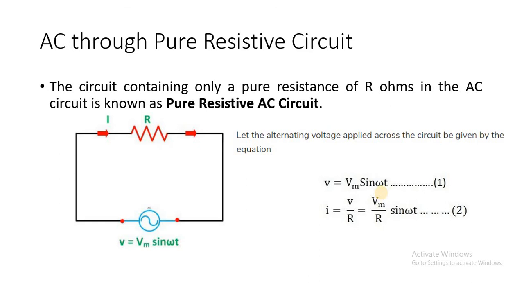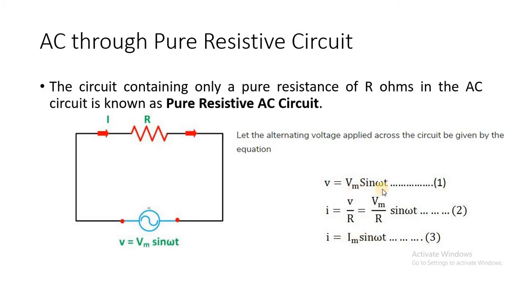So the voltage Vm value is the amplitude or the maximum value of the voltage. So the term Vm by R gives you the term Im, that is called the maximum value of the current. So Im is the amplitude of the current. So I is equal to Im sin omega t.